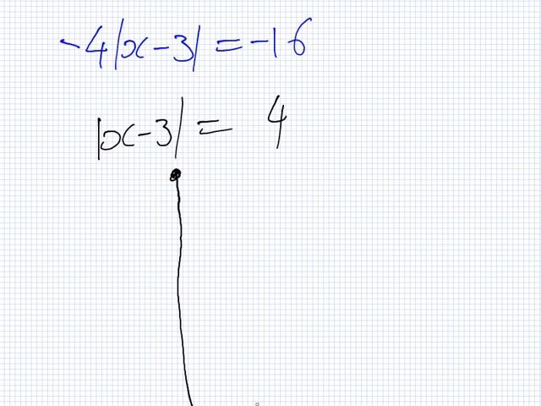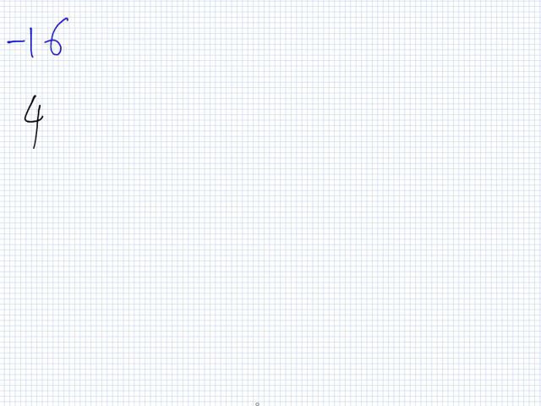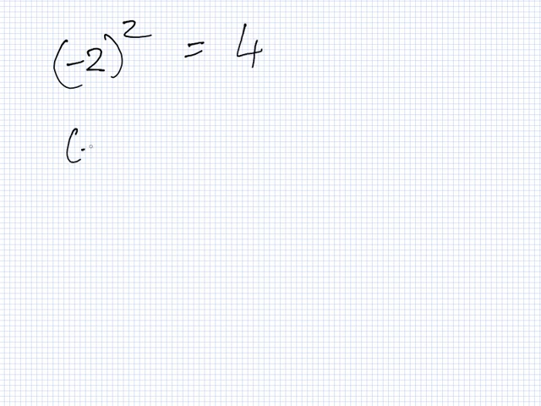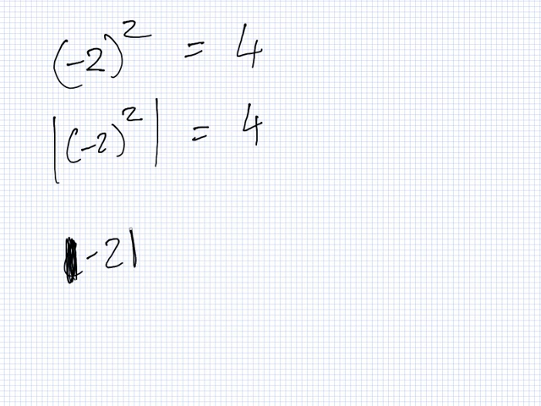Yeah, basically. Right, so I'll just go to the side here. Minus 2 squared equals 4. Minus 2 squared absolute equals 4. Minus 2 absolute squared equals 4.